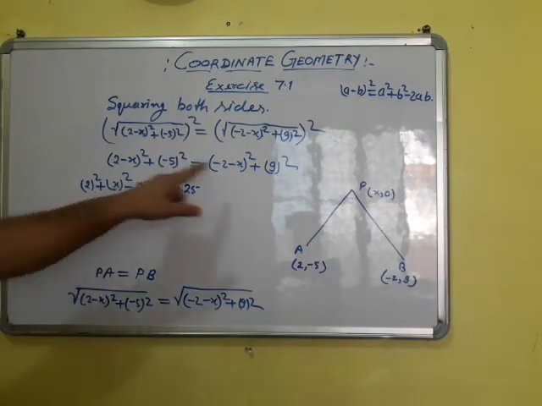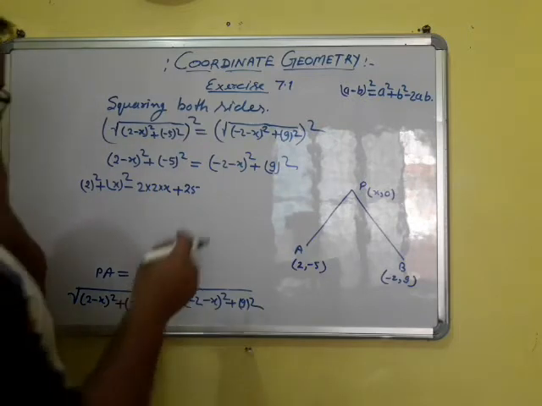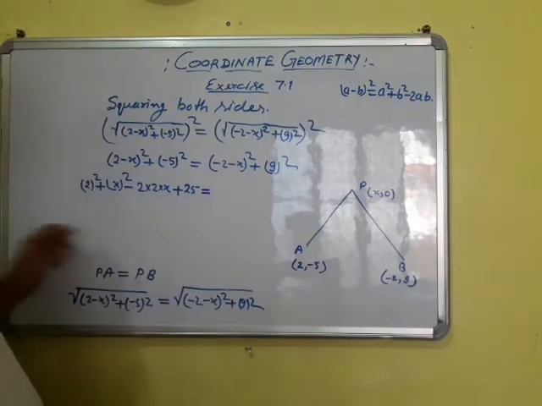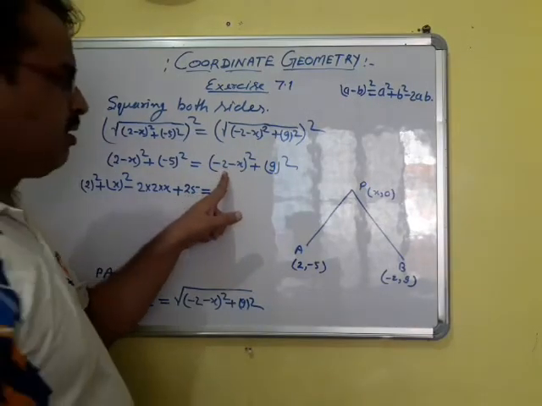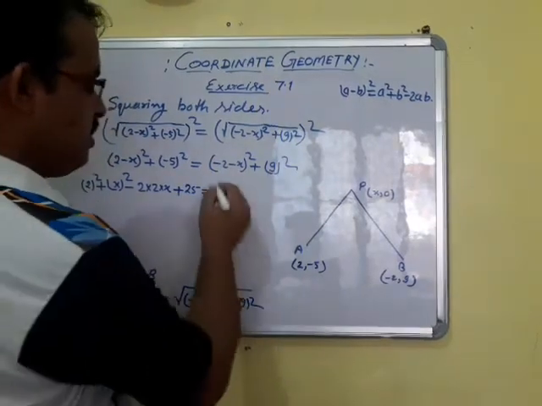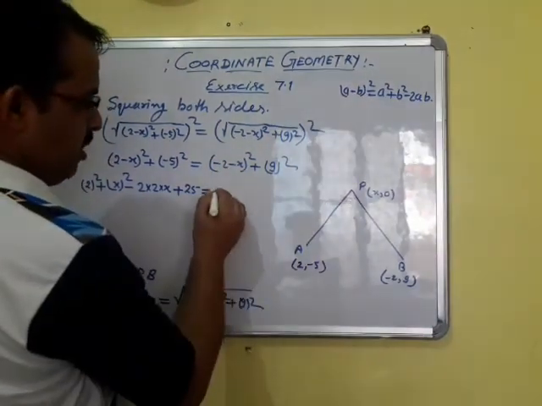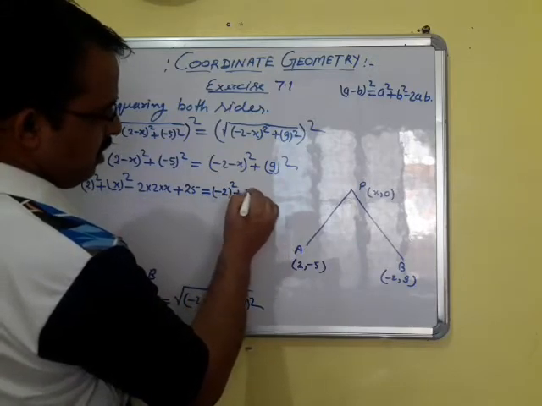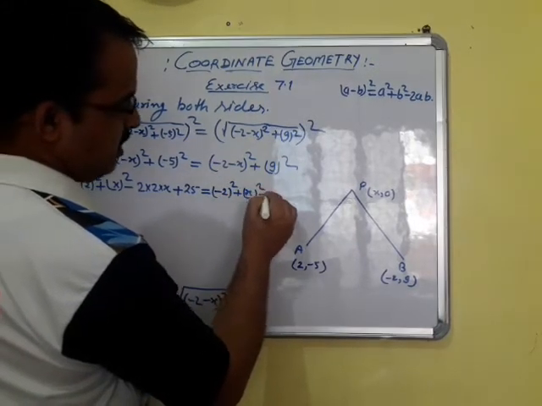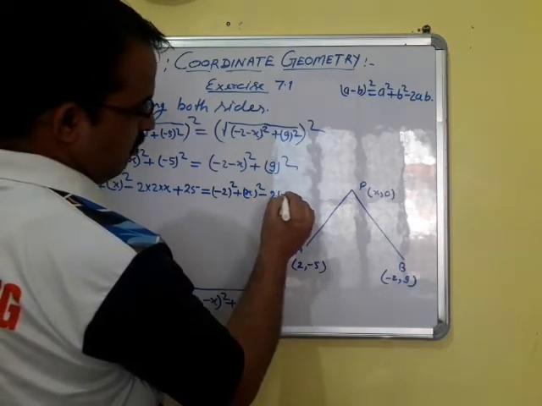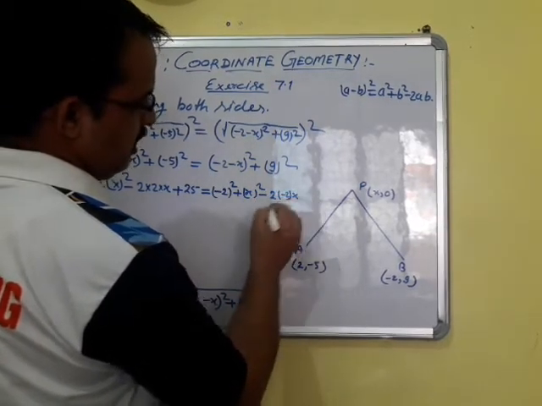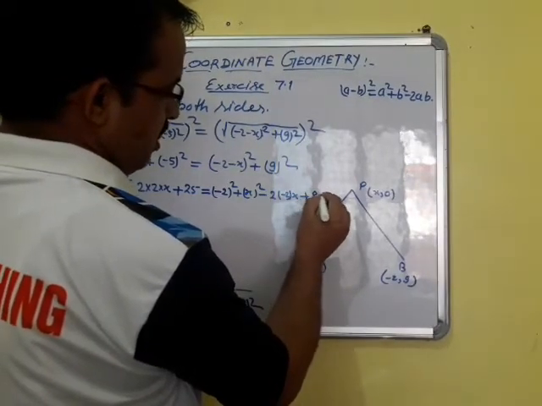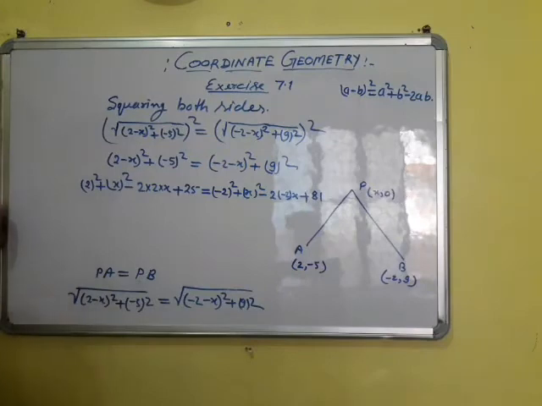This portion is clear. Now use the same identity on the other side: (-2) whole square plus x whole square minus 2 into (-2) into x, plus 9 whole square is 81. This portion is clear.